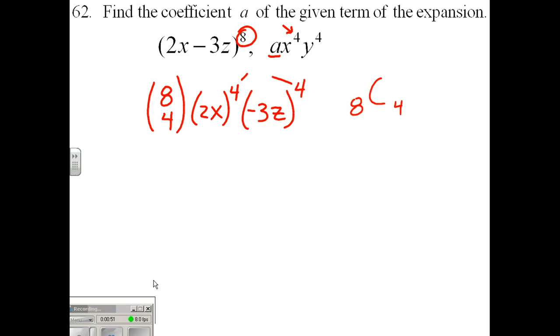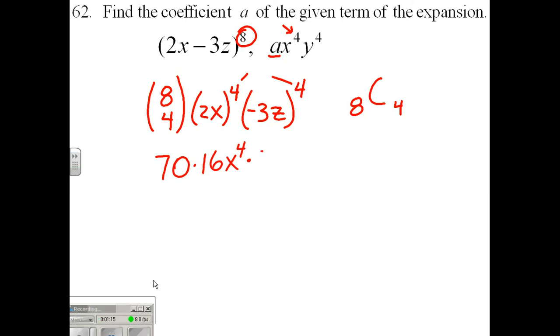Combination 8,4, you could enter in your calculator as 8c4, or you could pull it off of Pascal's triangle, or we could run that thing by hand if we were forced to. I'm going to use Pascal's triangle value. This is 70. I need 2 to the fourth, 16 x to the fourth. I need a negative to the fourth, that's a positive.